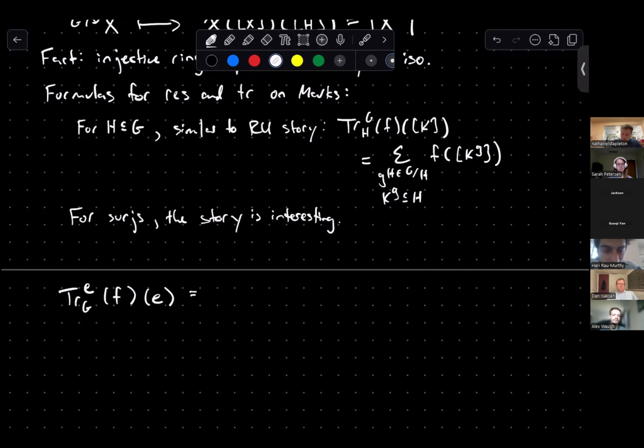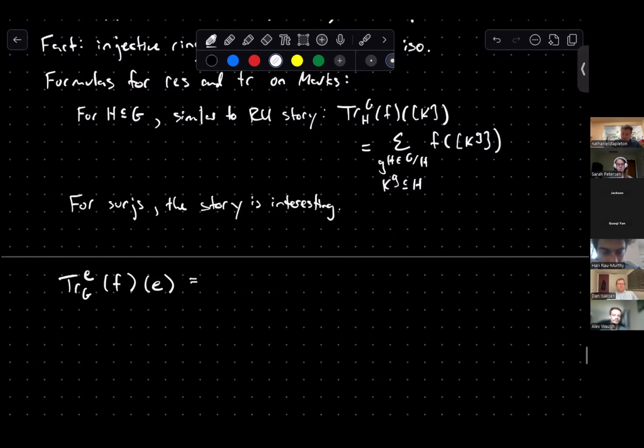I'm up on the level of the Burnside rings, counting the number of orbits for the G action on X. And so that tells me that the formula here should be 1 over the order of G times the sum over g in G of the value of F on the conjugacy class of the subgroup generated by little g.